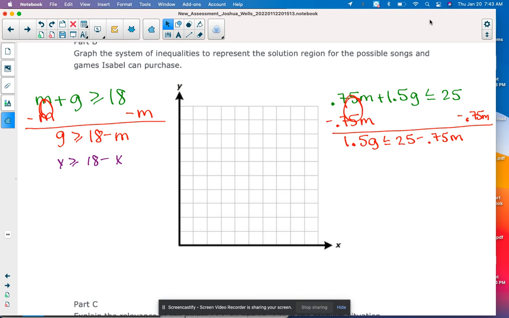The last thing we need to do is divide, so I'm going to divide by 1.5. And since we're dealing with weird numbers, I'm just going to divide the entire right side by 1.5 and leave it as a fraction.